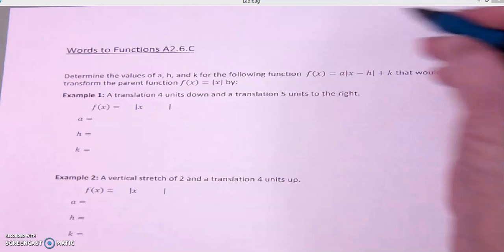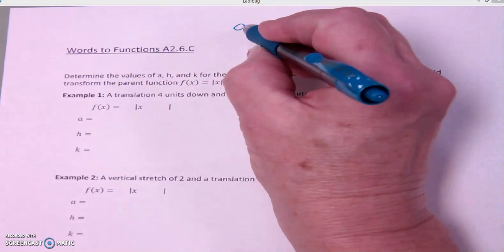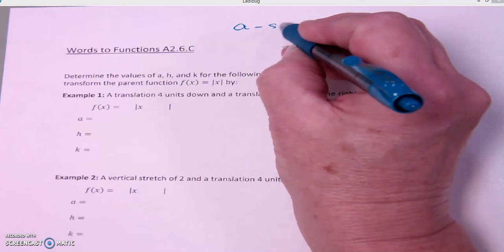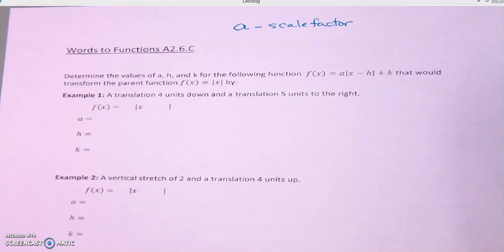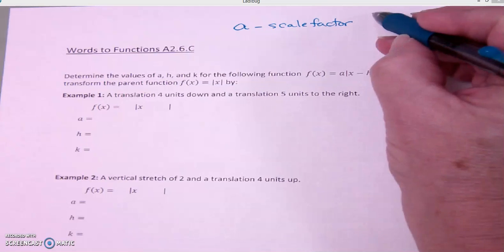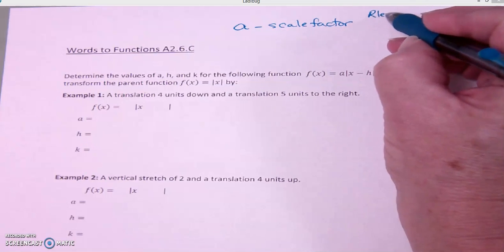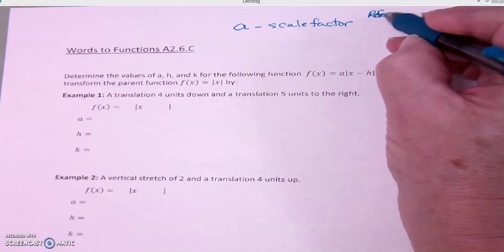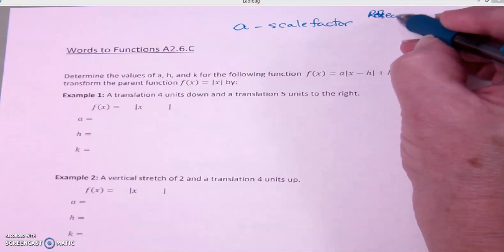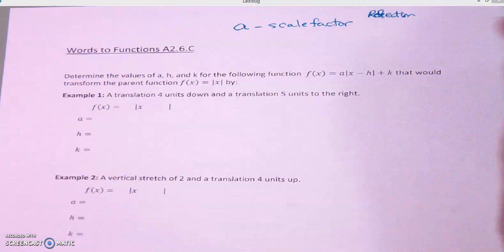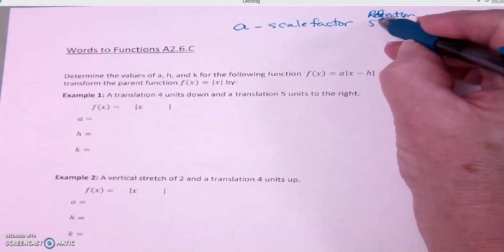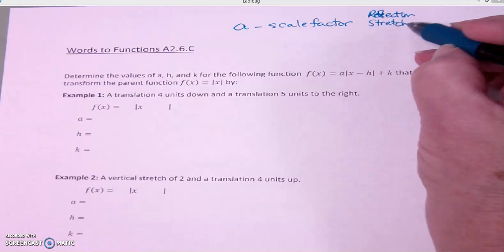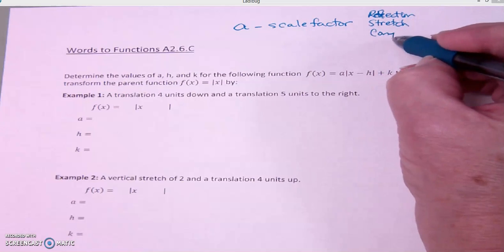So for a review, your a is going to be your scale factor. So if you have the words, you're going to be looking for the words reflection across the x-axis, vertical stretch, or vertical compression.